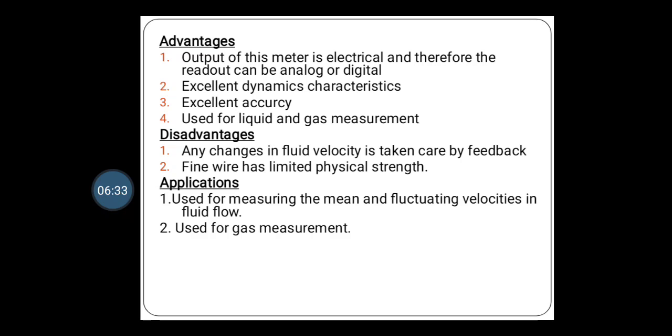Accuracy is excellent, that is a tolerance of only plus or minus 0.1%. It can be used to measure small velocities to very high velocities, up to supersonic velocities. Low pressure losses. These are the advantages of the hot wire anemometer.